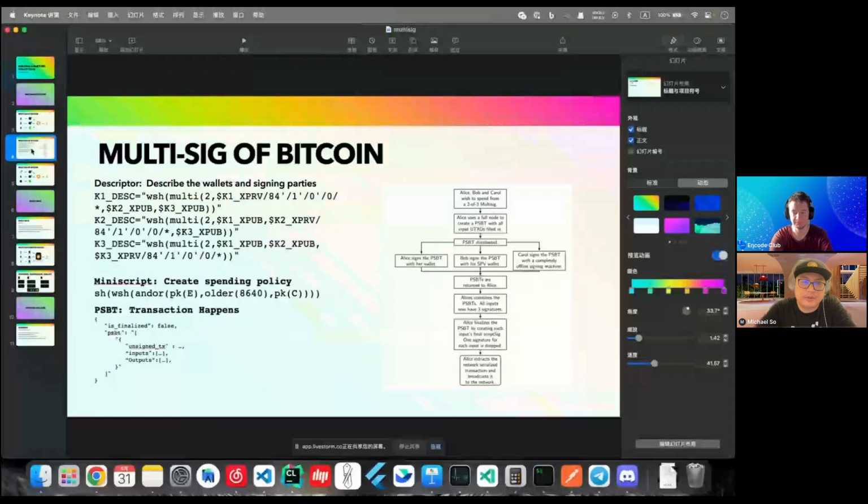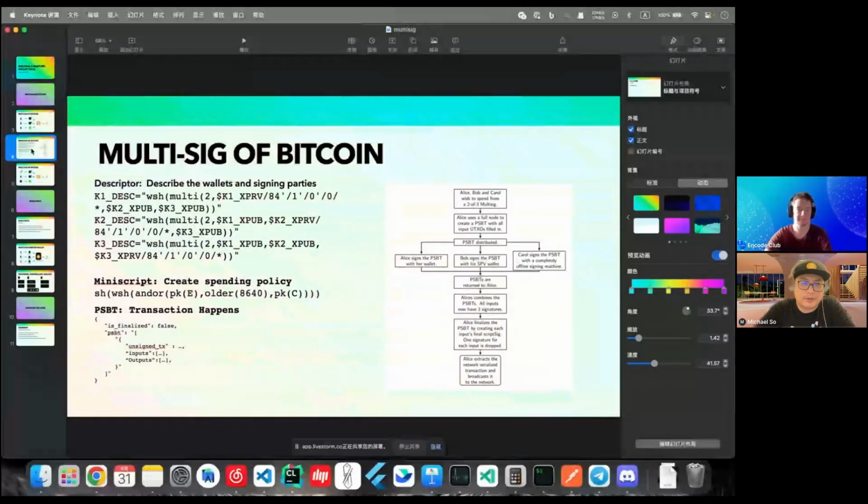For example, the BIP44 standard describes the public key and which parties are joining. For example, we have key 2 and key 3 in the multi-sig wallet, and we describe all the keys. We also need miniscript. Miniscript is a spending policy described using script.